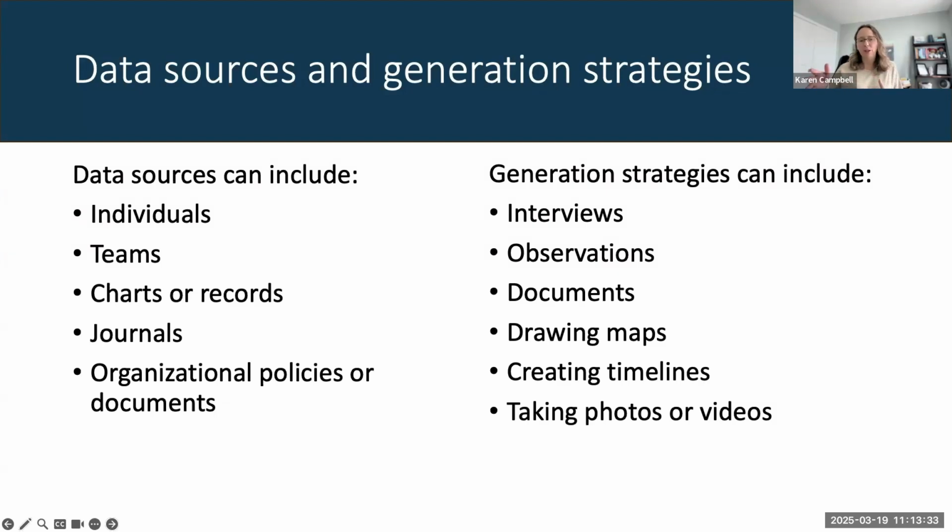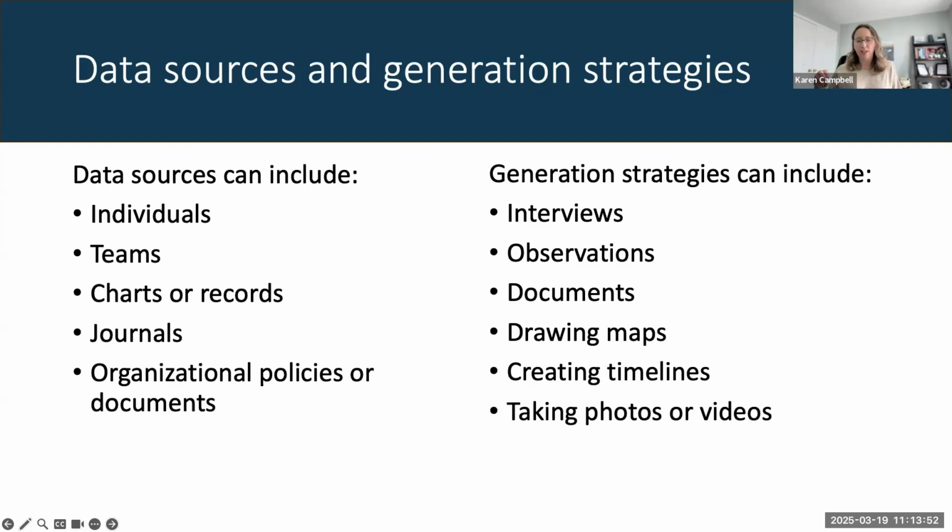And when we talk about generation strategies, we're talking about things like interviews, observations, documents, drawing maps, creating timelines, taking photos or videos. So again, lots of different options around what this looks like, and lots of different ways to elicit.